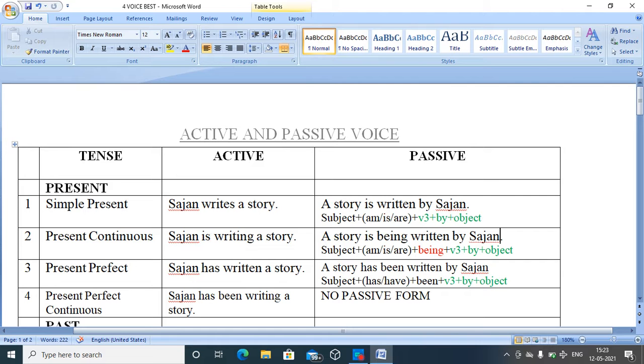Let us go to the present perfect normal active sentence. Active is a statement sentence. Okay, we know how to build a present perfect tense based sentence. Very simply, if you are having a subject and a main verb, how to construct an affirmative sentence. Now all of us know.